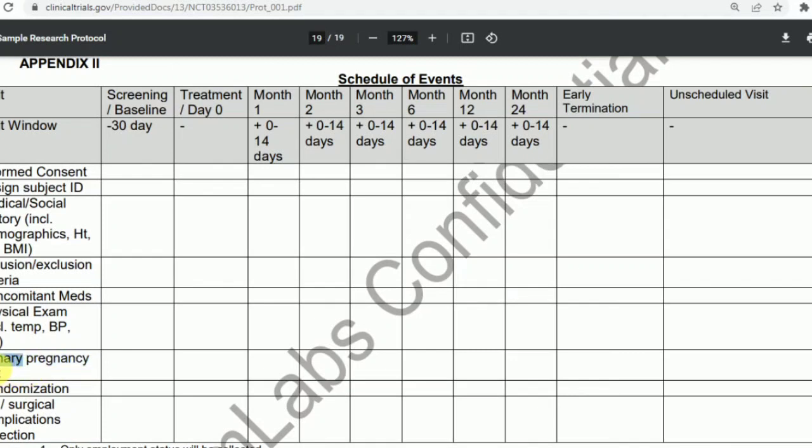Let's take this urinary pregnancy test as an example. Suppose here it is blank, but in these visits, treatment 0, month 1, month 2 and month 3, we can see it is marked as X. That means the urinary test will be performed only in these 4 visits. So that is why it is marked as X in these columns or rows.